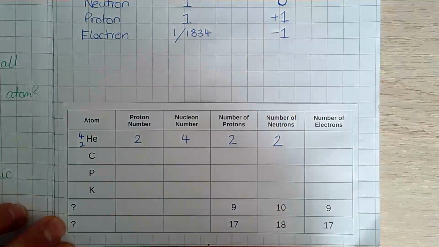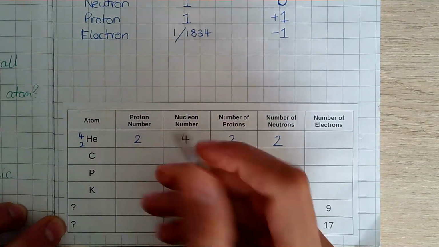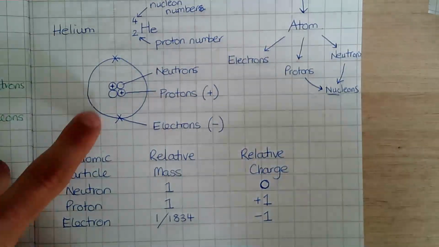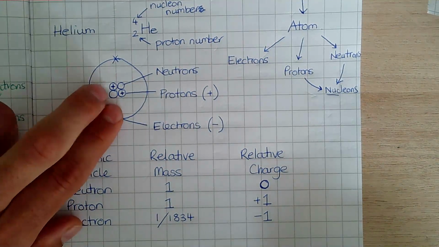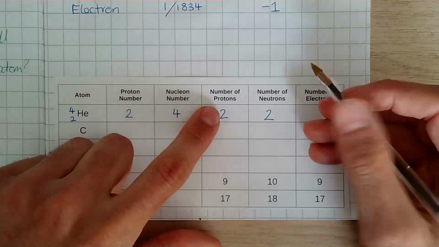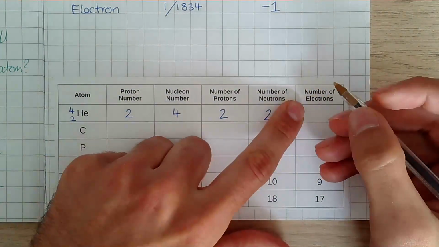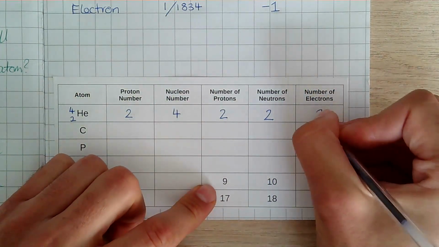So the number of neutrons would be 2. Also, in an atom, the number of electrons is always equal to the number of protons. So if we have 2 protons in an atom, then the number of electrons will also be 2.